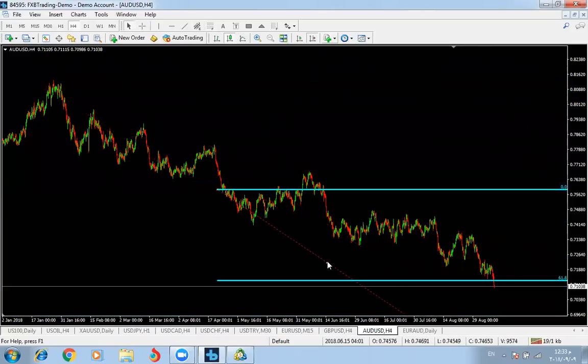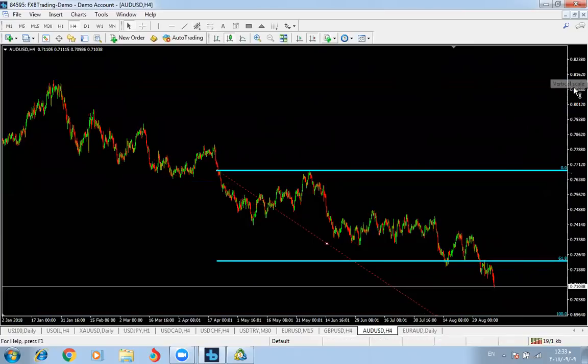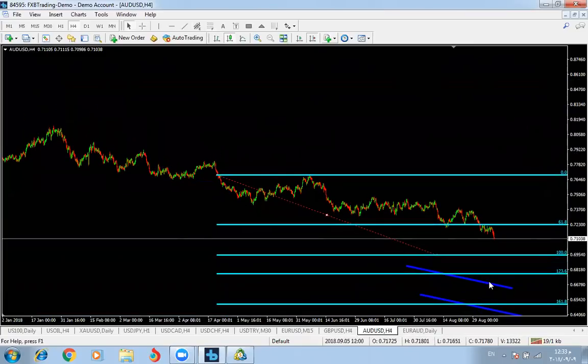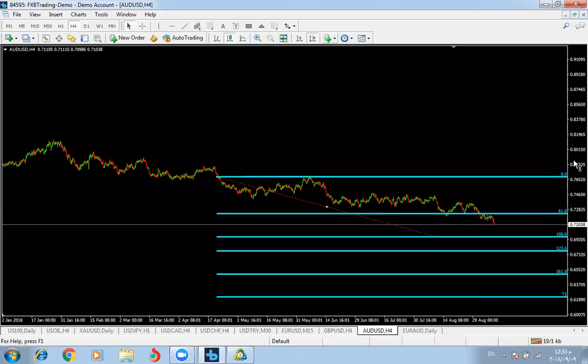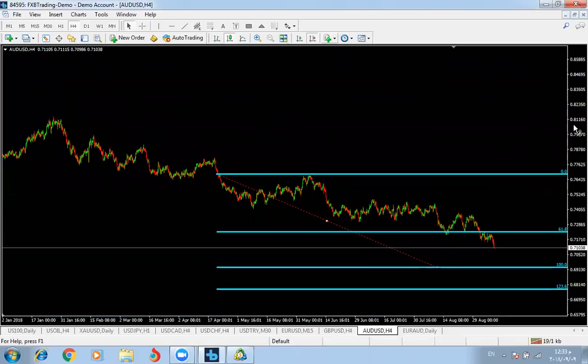This is wave A, this is wave B. Our next target is this area where Aussie is heading to.